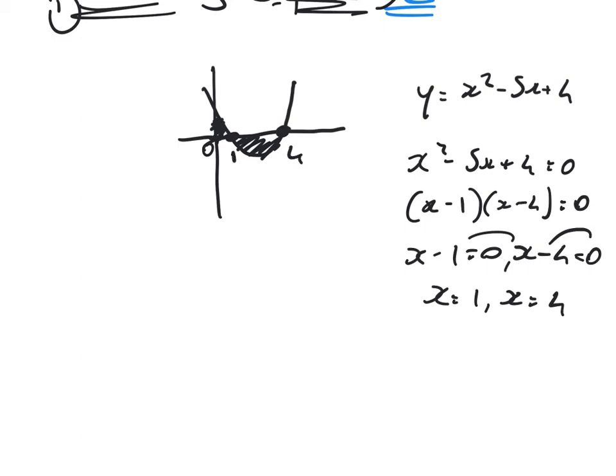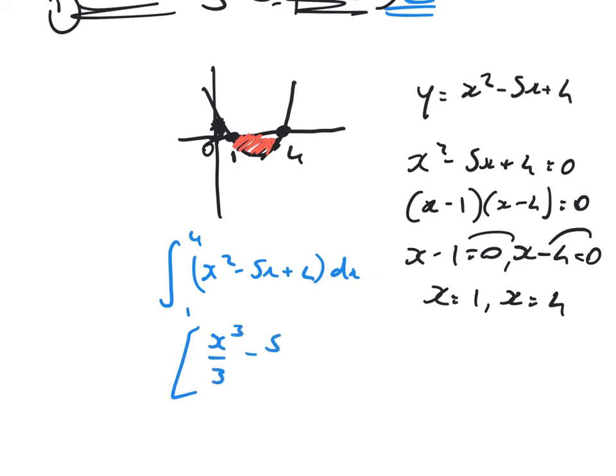Okay, so I'm going to do these distinctly and separately. So let's first of all find this area here, which is between 4 and 1. Okay, so add 1 to the power, divide by my new power. That will be x cubed over 3 minus 5x squared over 2, and a constant becomes a constant x, so 4 becomes 4x between 4 and 1.